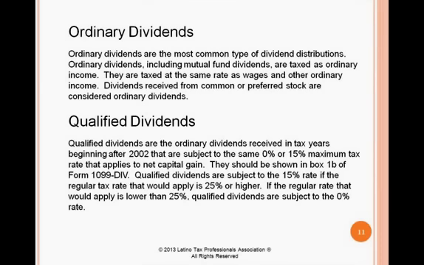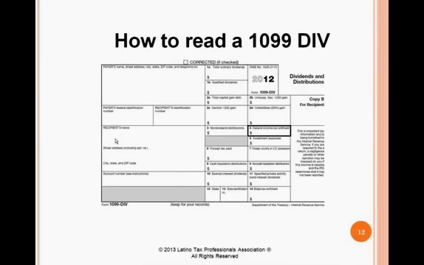Most of your clients won't be in the upper tax brackets to be concerned with this. If the regular rate that would apply is lower than 25%, qualified dividends are subject to the 0% rate. That is why they are reported under line 9B, which is outside of the calculations toward total income.